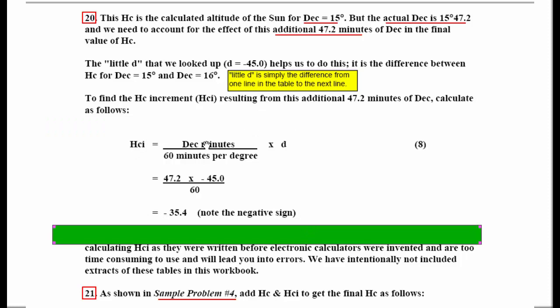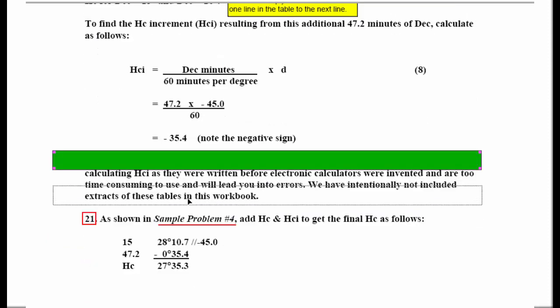HCI, the HC increment, is declination minutes, which is 47.2, divided by 60 minutes per degree, times the little d, which is minus 45. 47.2 times minus 45 over 60 equals minus 35.4. So that's a subtraction from the HC that we looked up for the whole degrees.